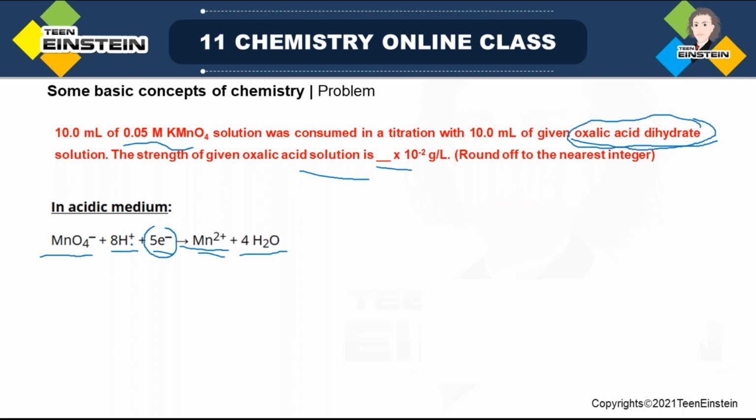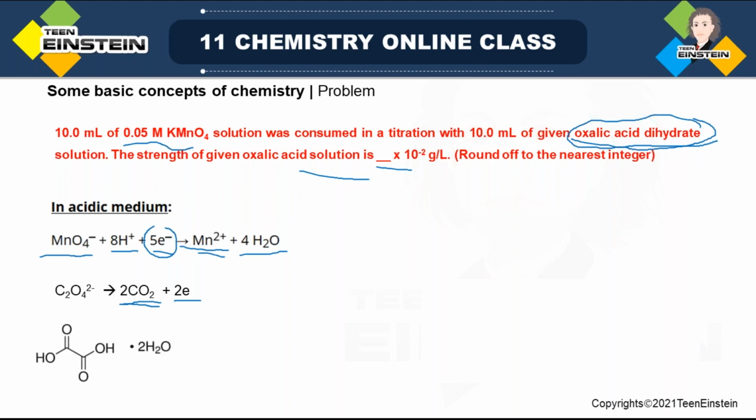This is important. And when it is oxalic acid, we have just taken the ion. That is the important part, C2O4 2 minus. If you consider the full formula, it is H2C2O4, but we have just removed H, and C2O4 2 minus will be converted to CO2. So this is basically an oxidation because it is supplying electrons. So we just have added 2 electrons to balance charge on both sides and 2 CO2 to balance carbon and oxygen.